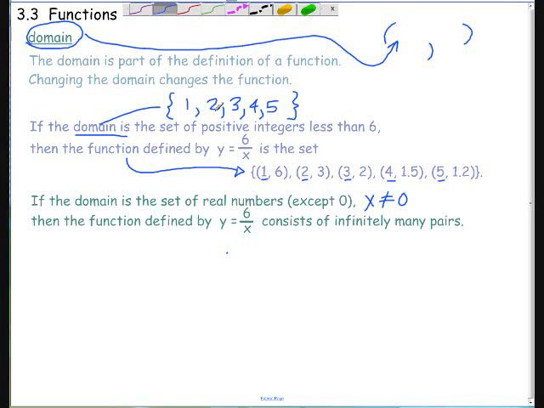We were restricted up here to only 5. But if we were using all real numbers, and this would be positive and negative, there's no limit. We're not limited to integers. We can use decimals. Yes, infinitely many pairs.